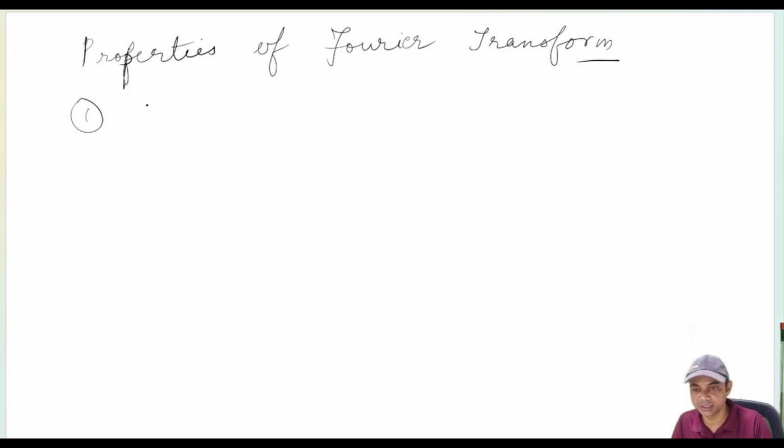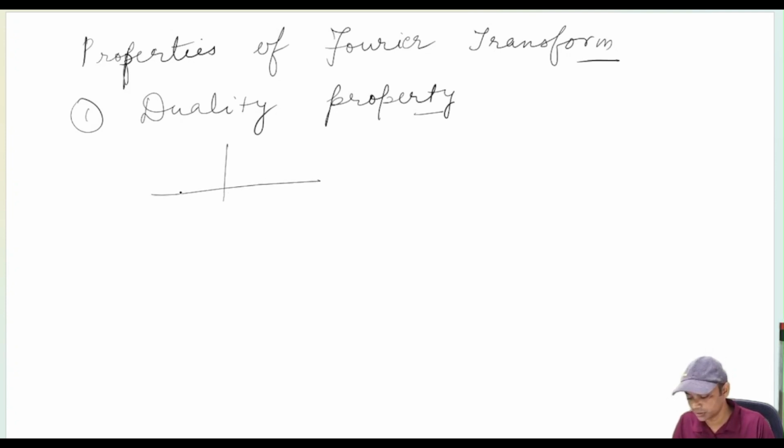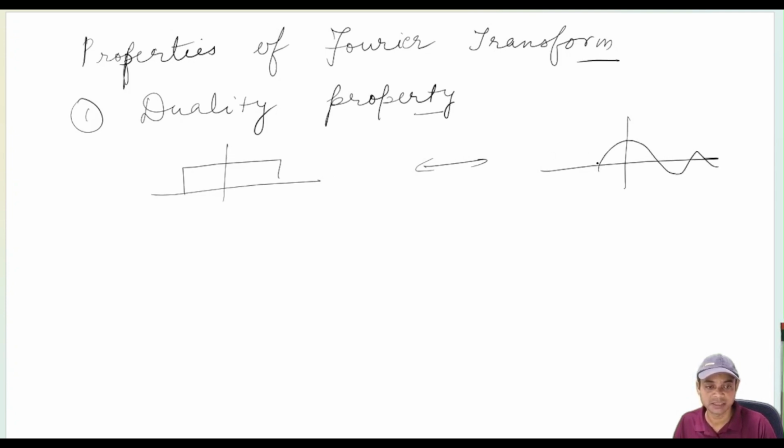The most important property is the duality property. What is the duality property? Suppose we have a rectangular pulse, then the Fourier transform of this rectangular pulse is the sinc function, as we have already seen.